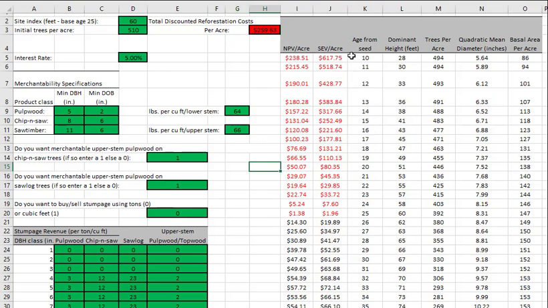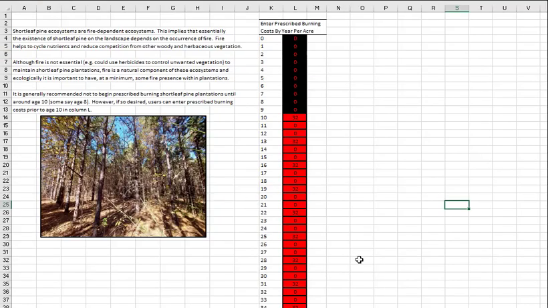And it should come over here, and here's your total discounted reforestation cost. Now one thing I forgot to mention is projections start at age 10. And then here's prescribed burning costs. This is kind of included here to help folks understand that the shortleaf pine ecosystem is a fire-dependent ecosystem, and you can conduct fires before age 10, but the black kind of helps you realize that you probably shouldn't be doing prescribed fires in shortleaf pine plantations until probably age 10 or later.